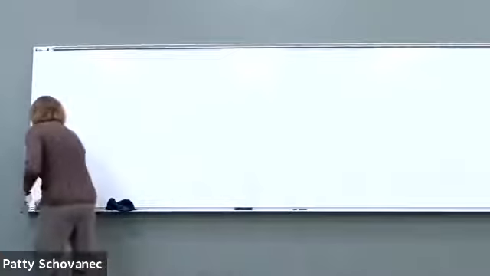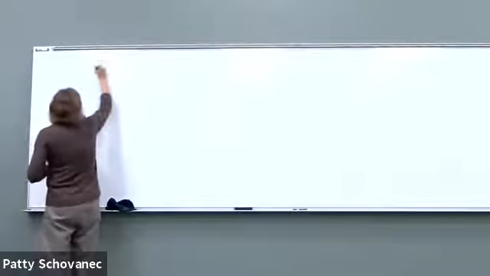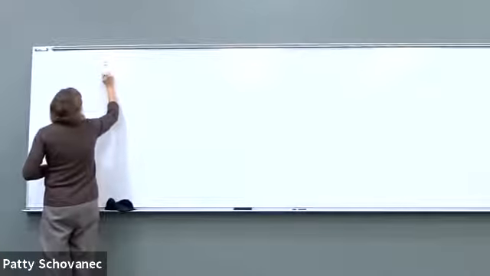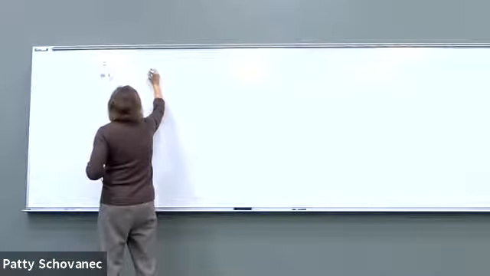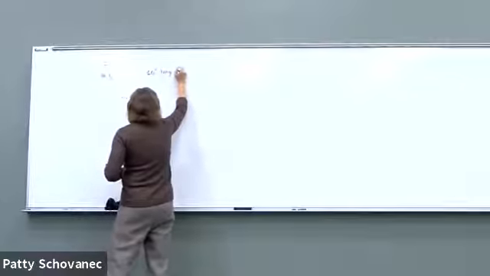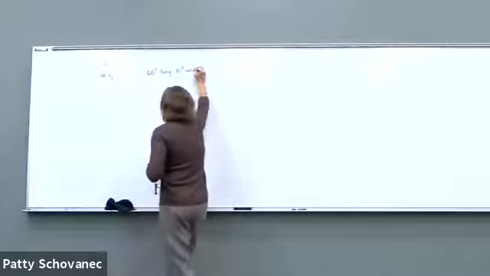6.5 problem 5. Okay. Rectangular swimming pool 60 feet long, 10 feet wide, and 10 feet deep.